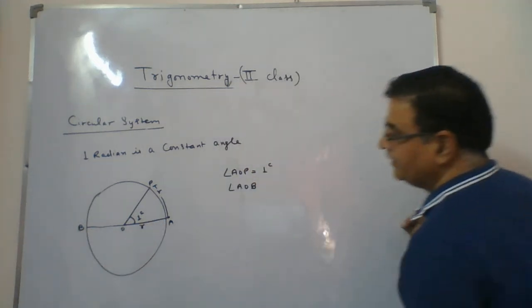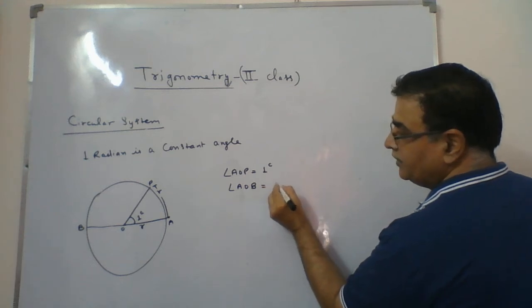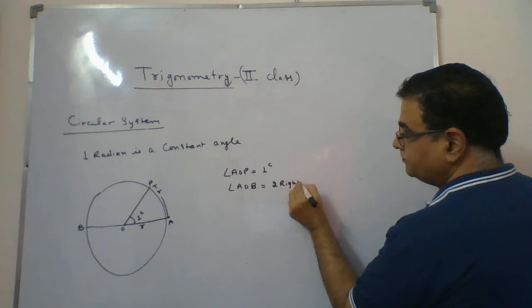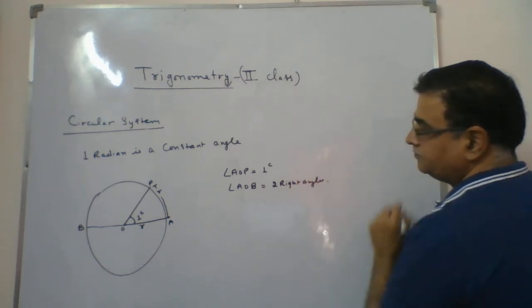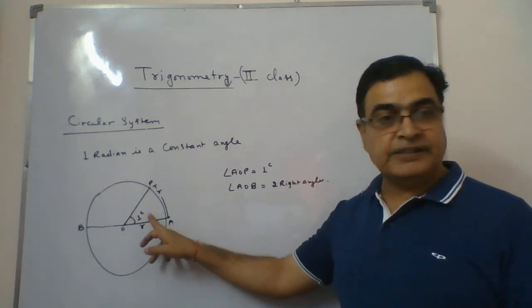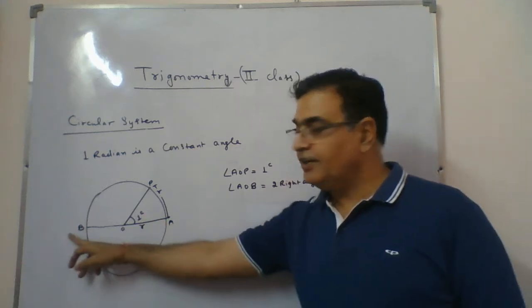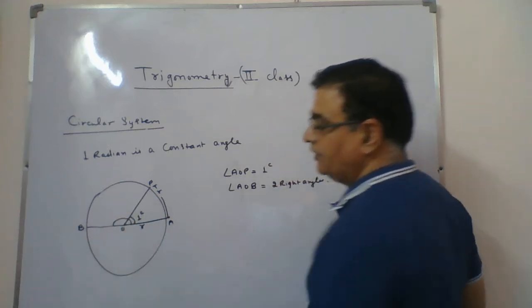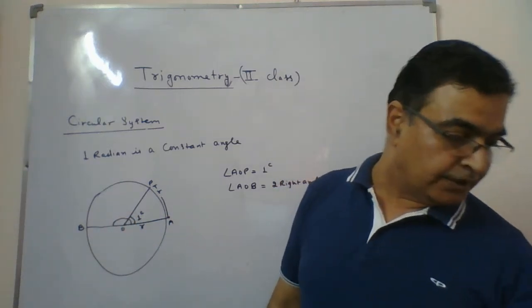This is a straight line angle. It comes out to be 2 right angles. So we first took this angle as 1 radian, then I extended this line, and automatically this whole angle comes out to be 2 right angles. This part we have done.